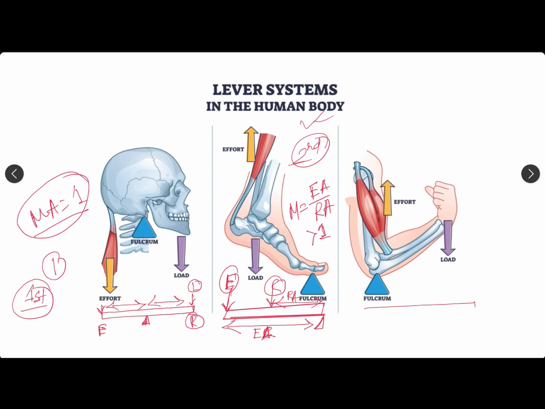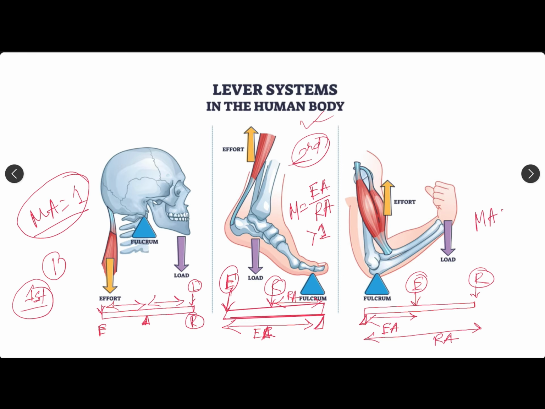In the third order lever, here is the fulcrum, load or resistance is at the other end, effort is placed in the middle. So the effort arm is less than that of the resistance arm.